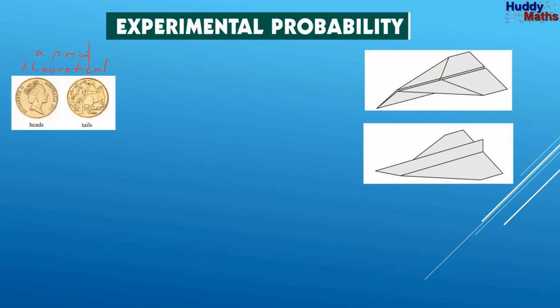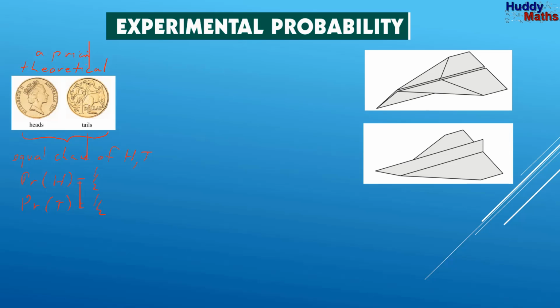Can you work it out in theory? Yes, if the coins are not weighted, not biased, with equal chances of all the outcomes, equal chance of a head and a tail, you can work it out. The probability of a head will be a half, and the probability of a tail will be a half. This is the sort of work we've been doing.